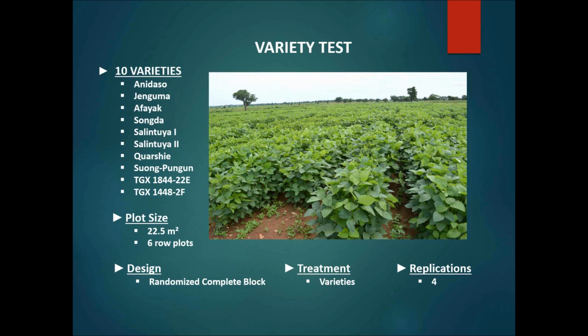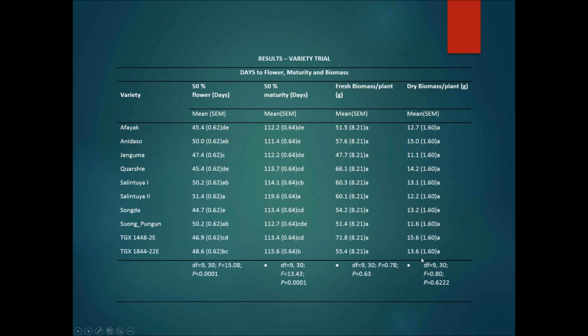But what I'm showing here is from the Nampala station. I haven't had the data yet from Boku and Wa, but these results are from Tamale. We tried 10 varieties, and each plot had a size of 22.5 square meters with 6 rows in a randomized complete block. My treatments were basically the varieties, replicated 4 times.